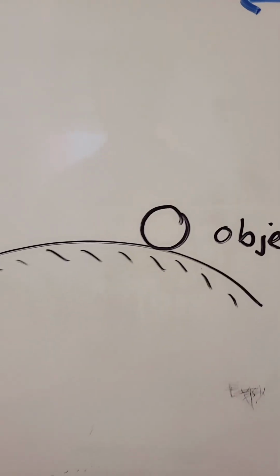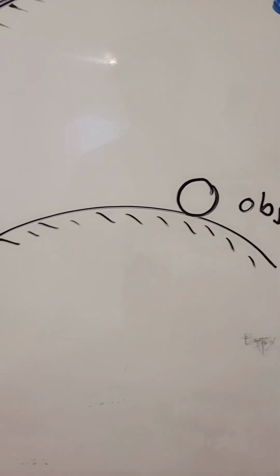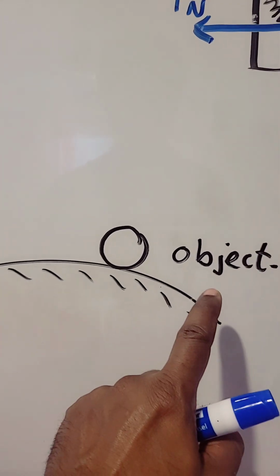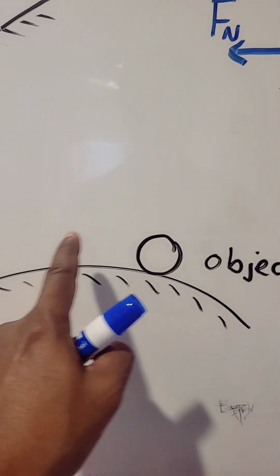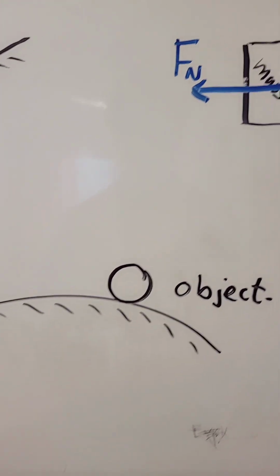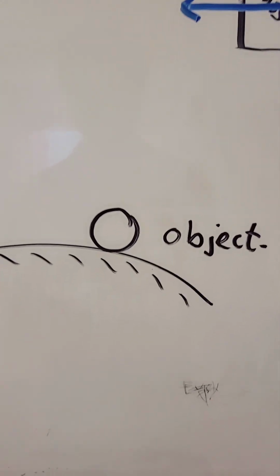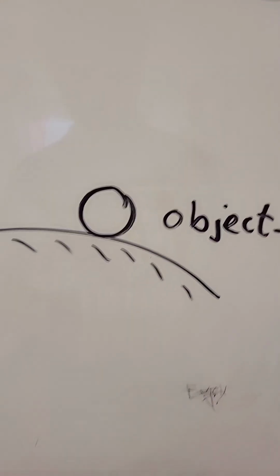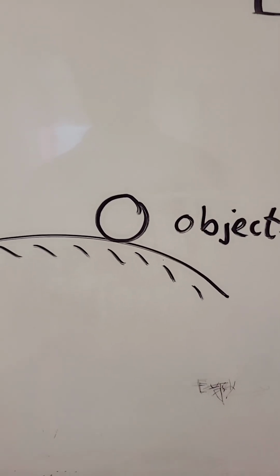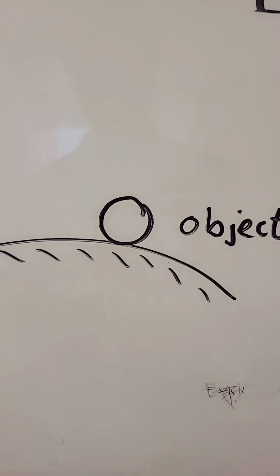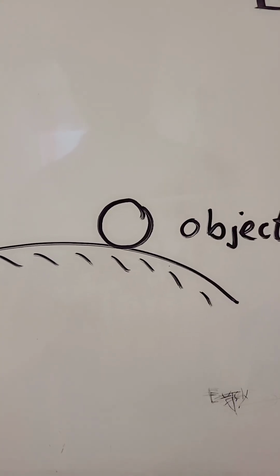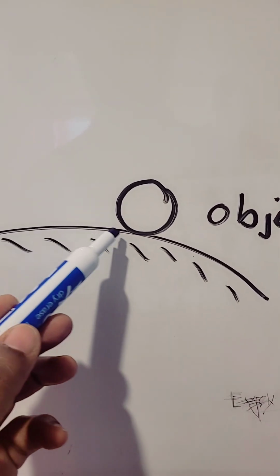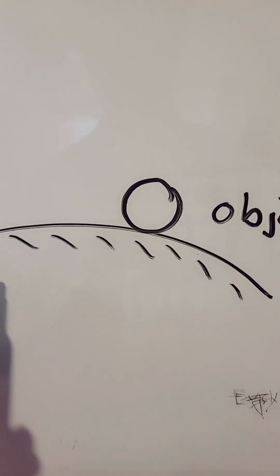Let's look at this example. It's a curved surface, and the object is rolling on this surface. So how do we draw the normal force in this example? Again, don't forget the concept: the normal force is always perpendicular to the contact surface. Here, since it's a curve, the surface is changing.